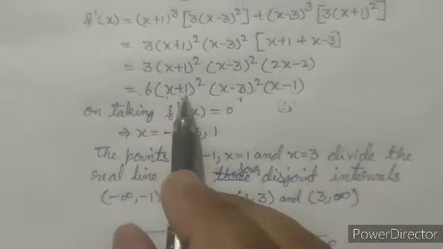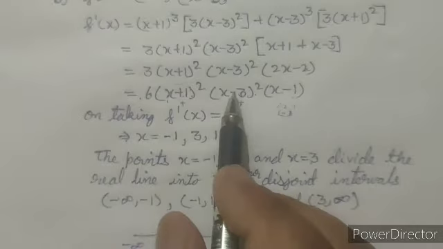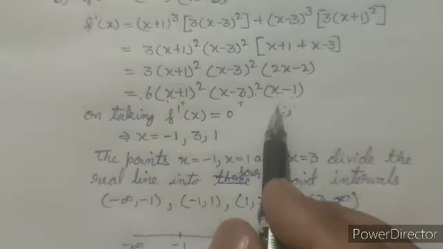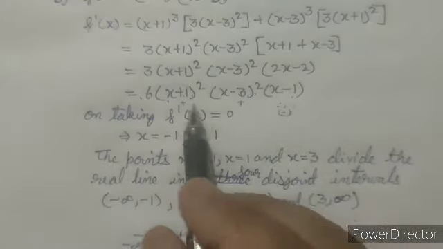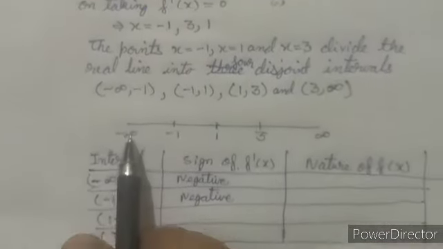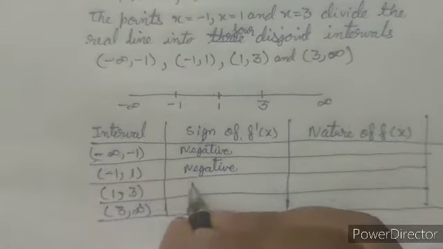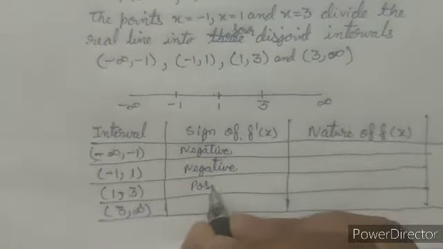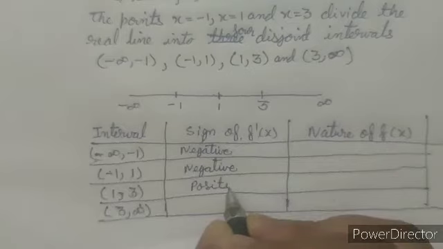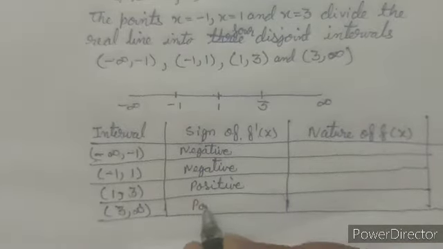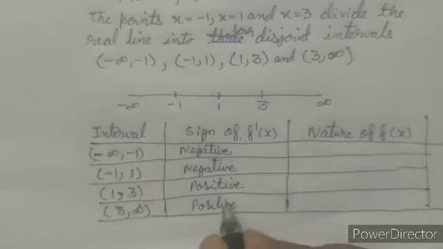Now (2 plus 1) square will be positive, (2 minus 3) square will also be positive, and 2 minus 1 will be positive. All three signs are positive, so that means in the interval 1 to 3 the sign of f dash x is positive. Similarly, in the interval 3 to infinity, the sign of f dash x will be positive.